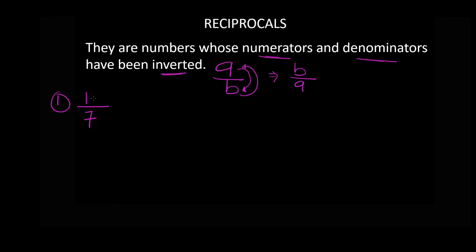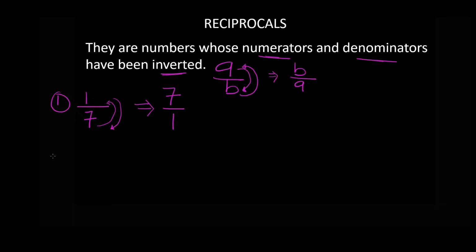Make 1, which is the numerator, go to the bottom, and then 7, which is the denominator, goes to the top. So there is a flip right here. That means your reciprocal becomes 7 over 1.